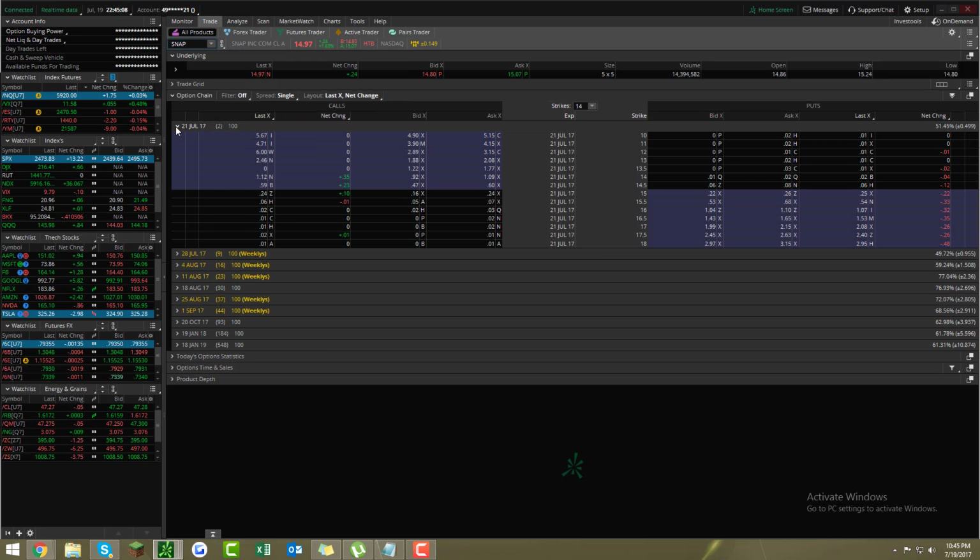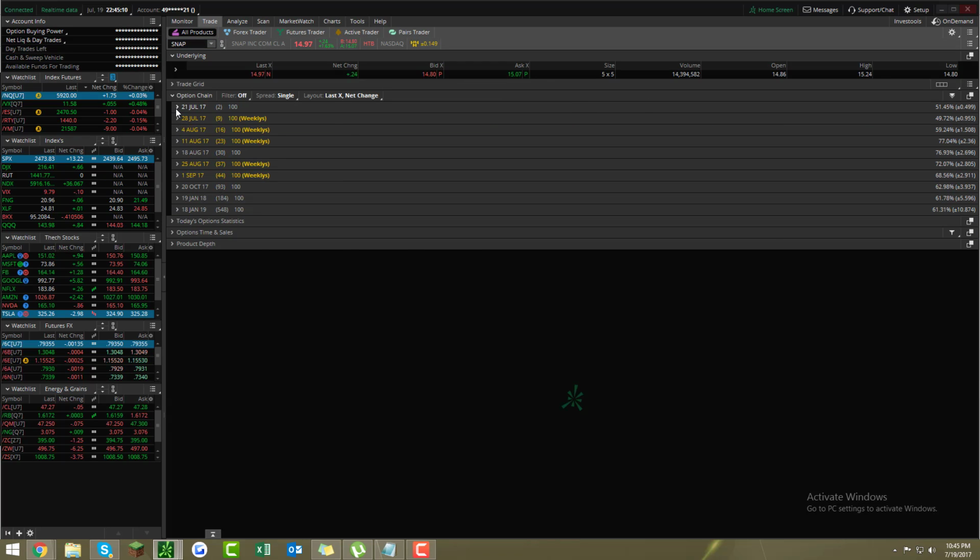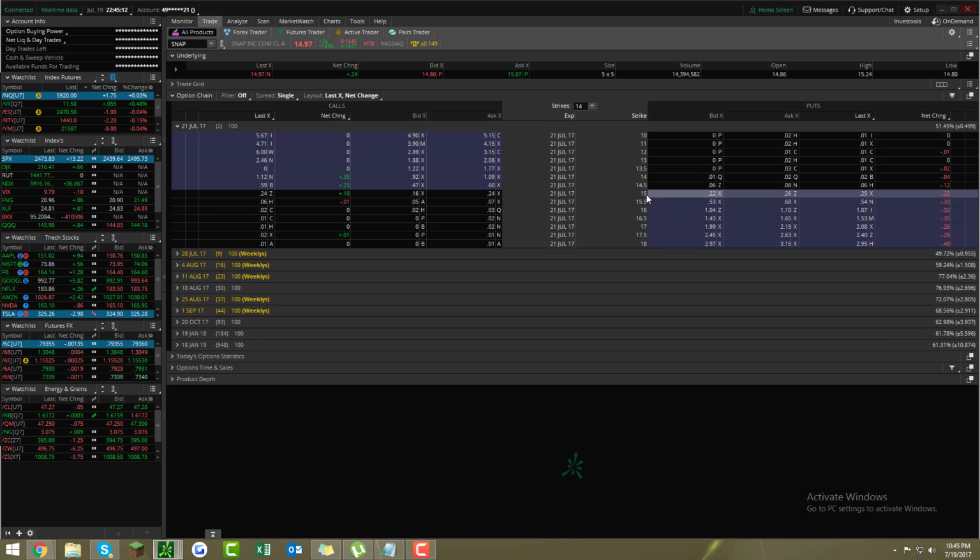The 21st of July is soon to end, so I don't think the contracts are going to be worth that much, and they are not worth that much. On the put side, it looks like 0.08 is probably the best bet.